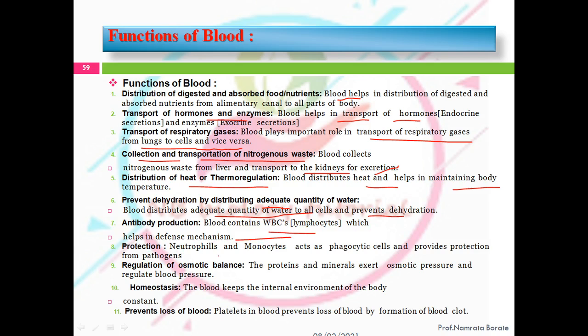For protection, neutrophils and monocytes act as phagocytic cells, means they provide protection from the pathogens. The regulation of the osmotic balance: the proteins and the minerals exert the osmotic pressure and regulate the blood pressure. Homeostasis: the blood keeps the internal environment of the body constant.